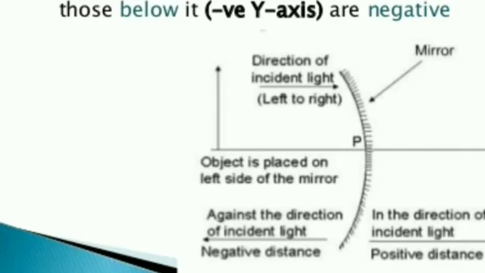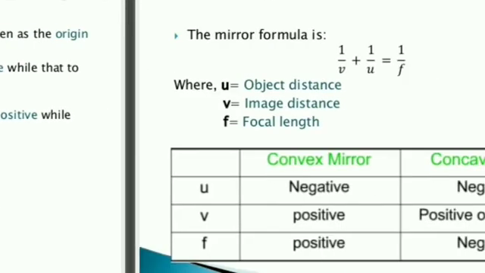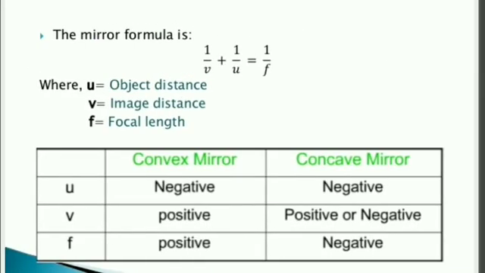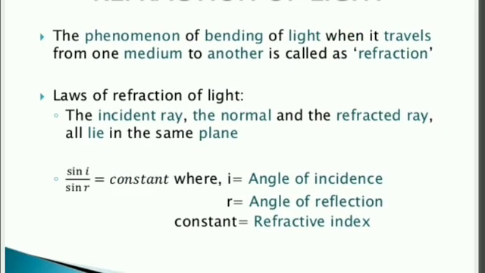So I think the sign conventions for mirrors are clear to you all, and in our next video we are going to discuss the mirror formula for spherical mirrors and magnification, which will decide whether the image will be bigger, smaller, or the same size, and whether the sign, positive or negative, will tell whether the image formed is virtual and erect, or negative, real and inverted.